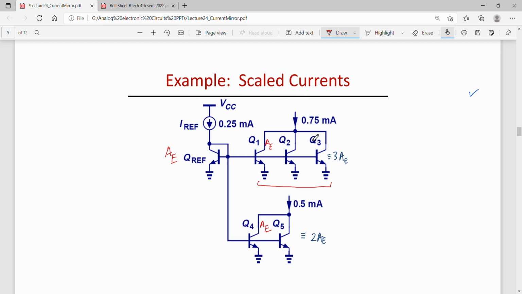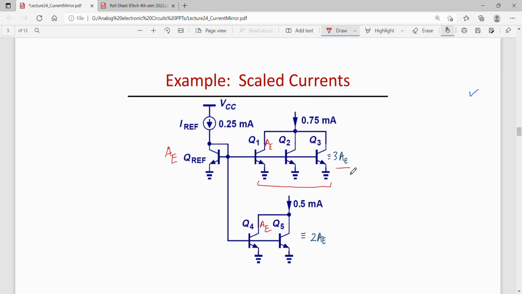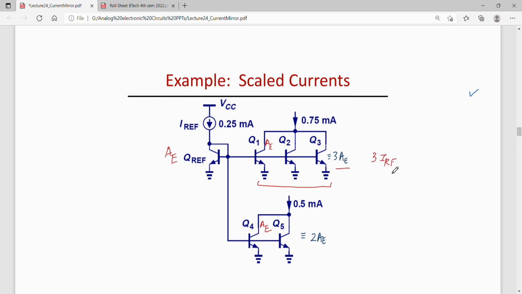Three transistors are tied together here, so the total emitter area is 3 AE. So the current also will be 3 IREF, that is 3 multiplied by 0.25, which is 0.75 milliamperes. So the total current drawn by this group of three transistors is 0.75 milliampere.